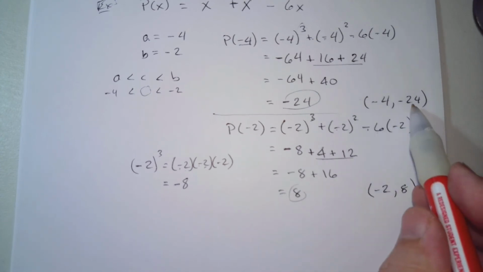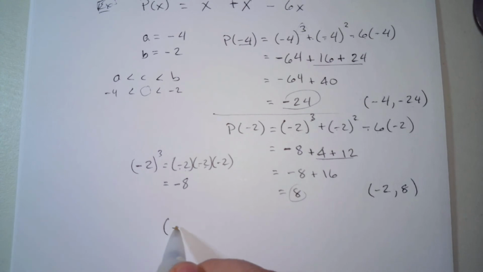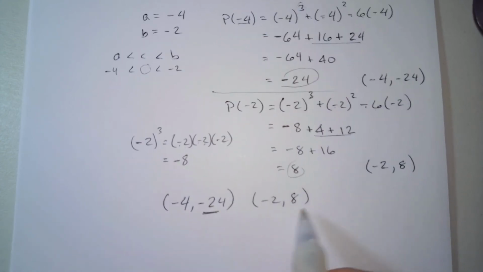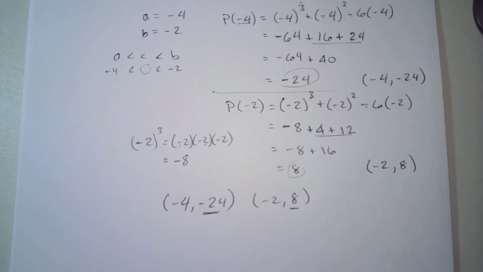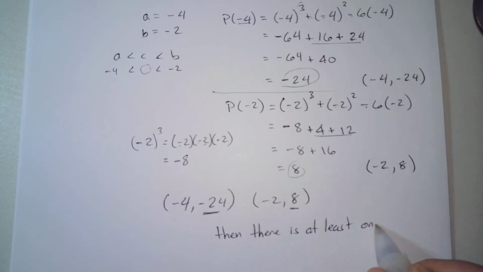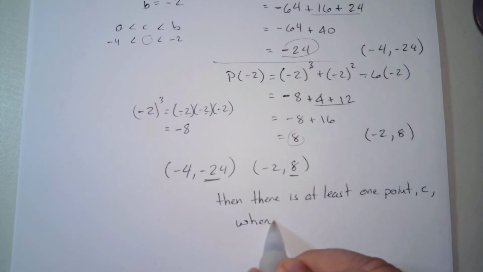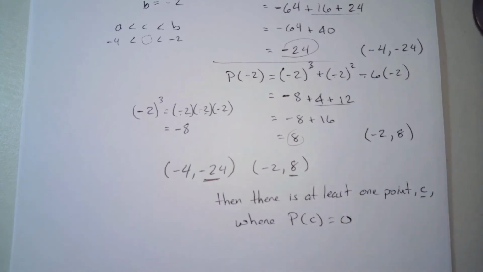So we see our 2 points. Negative 4, negative 24, negative 2, positive. Since the values have different signs, then there is at least 1 point, call it C, where P of C equals 0.